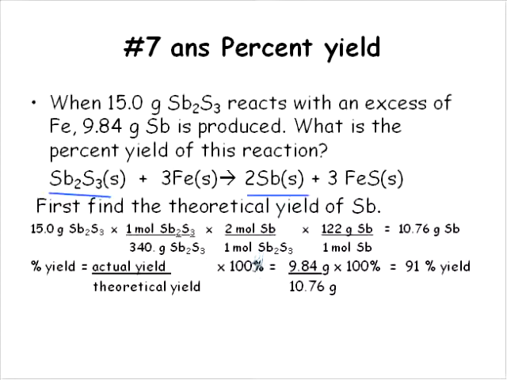Here's our mole ratio, and let me box it in red. The next step: now we know how many moles of antimony we have, but we want to know how many grams. So we convert moles to grams. We look up the molar mass of antimony, Sb, and that would be 122 grams. So now we do the math: 15 times 2 times 122 divided by 340, and we have 10.76 grams of antimony.